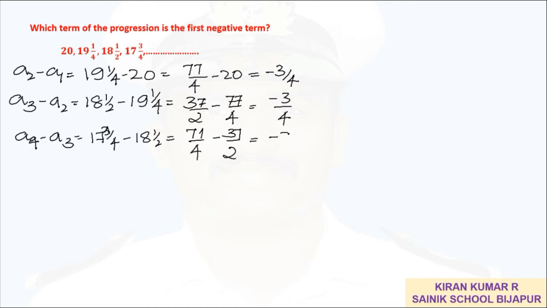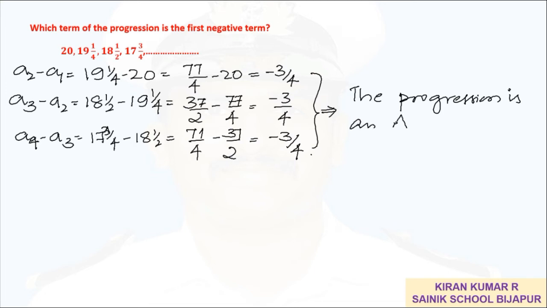On simplification we get it as negative 3 by 4. Here we are getting the common difference as the same. So this implies the progression is an arithmetic progression.